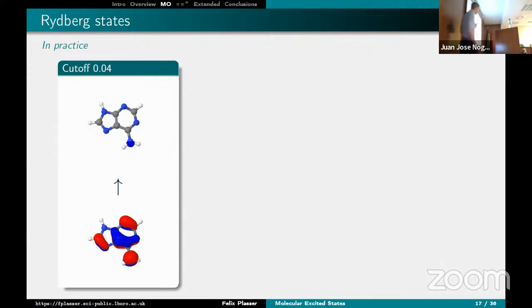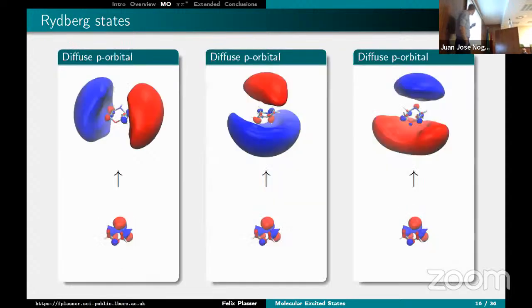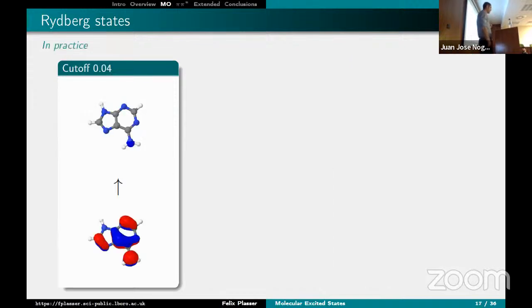Then maybe just one point here about Rydberg states in practice. If you pay attention to it, then you can get these really nice pictures. But in practice, you recognize Rydberg states by the fact that you don't see anything. So this is a Rydberg state for the adenine molecule, and I just use a default cutoff of 0.04 atomic units. I can't ever remember what the unit of these things actually is. But anyway, if you use the cutoff of 0.04, you don't see anything except, if you look very close, a little blob here.